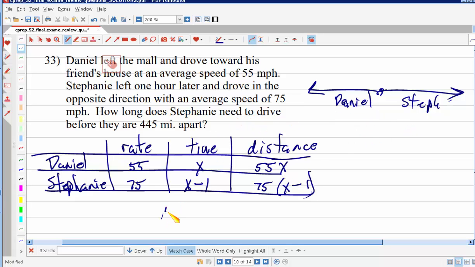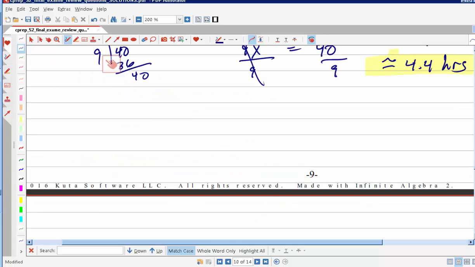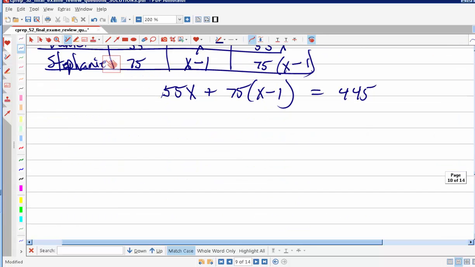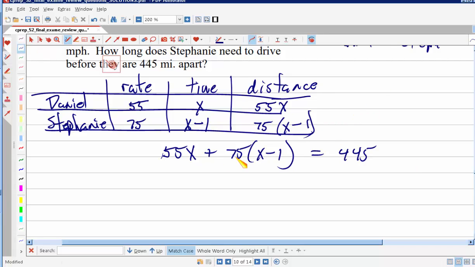So my equation then is the distance Daniel goes plus the distance Stephanie goes is equal to 445. Let me solve that equation. I'm going to get 55x plus 75x minus 75 equals 445. I cannot even talk and write at the same time.